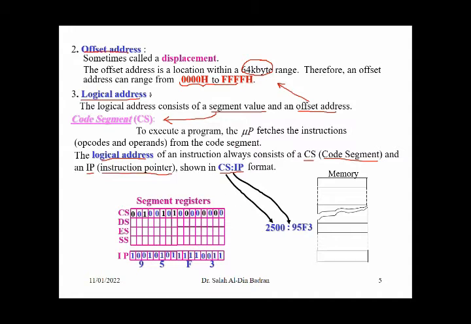So the logical address consists of a 16-bit number. This is in hexa, so we see it with 4 digits only. And the offset part, the IP part, we find it in the IP register. Both of them give us the logical address in this format.